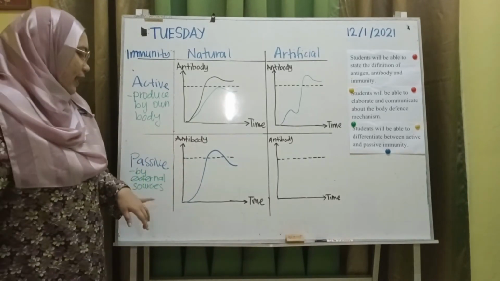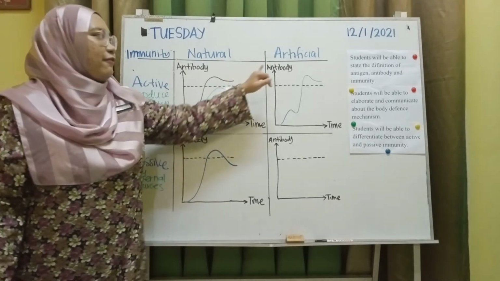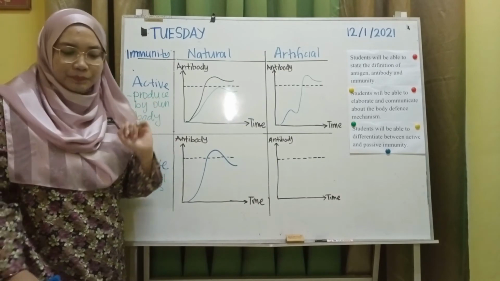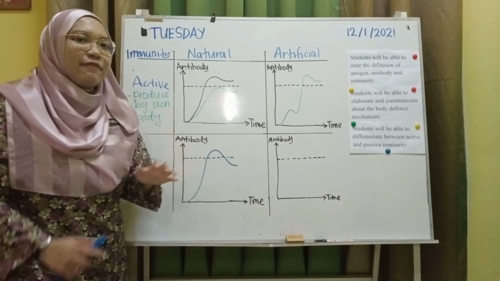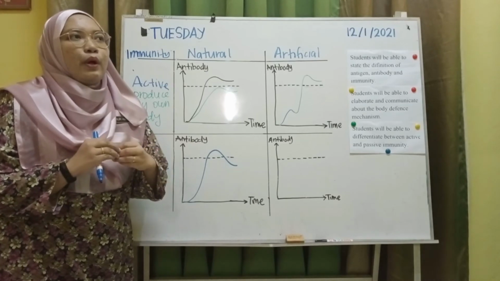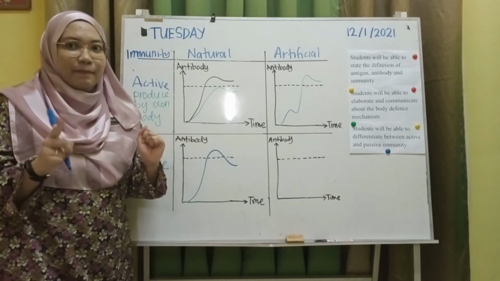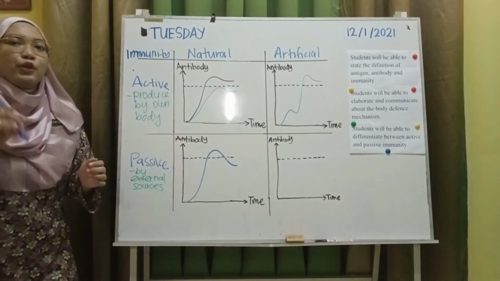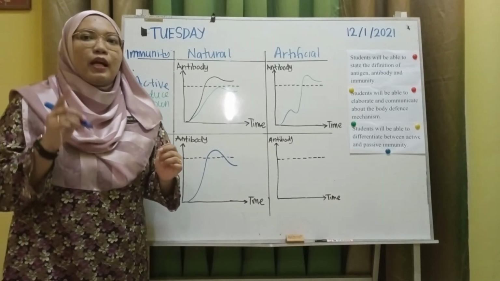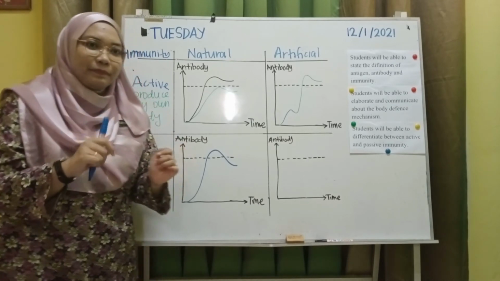Okay. Next, the last immunity is passive artificial immunity. Passive artificial immunity is, for example, the situation where you got bitten by a snake. Oh. So, when you go to the hospital, the doctor will give you an antiserum shot.